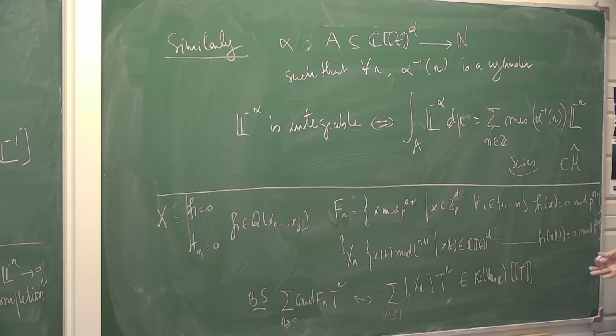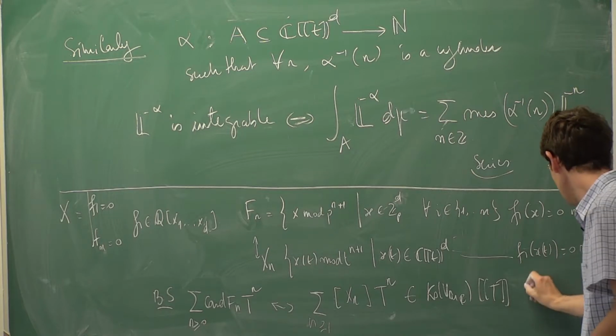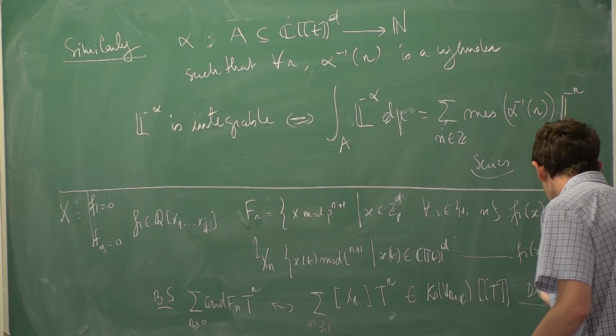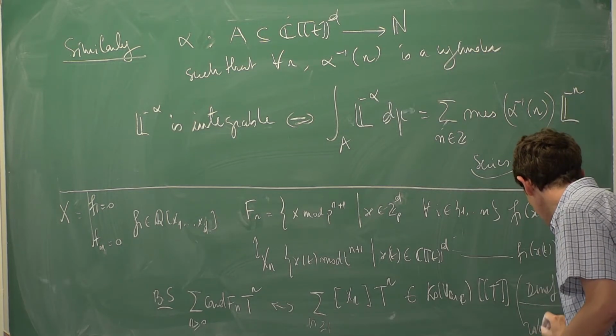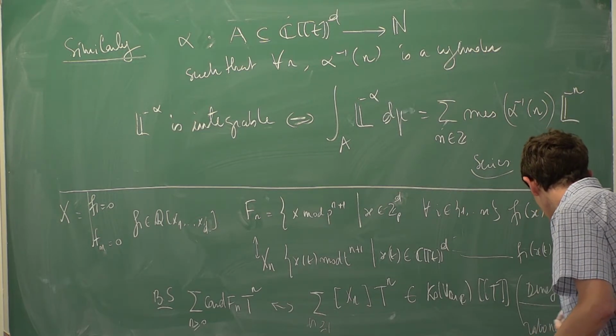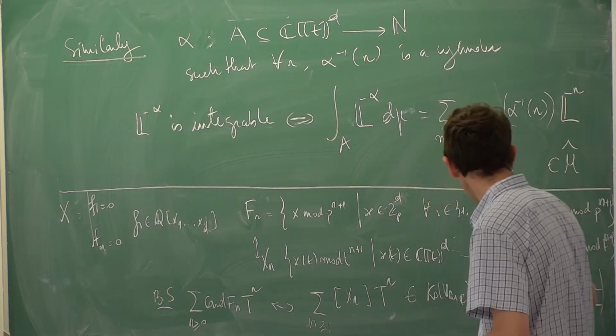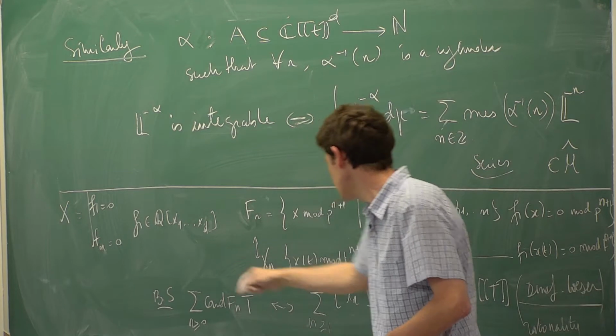Okay, and this was done by Denef and Loeser. The rationality I will explain next time. Rationality of that formal series was proved by Denef-Loeser, and for that I give some references.